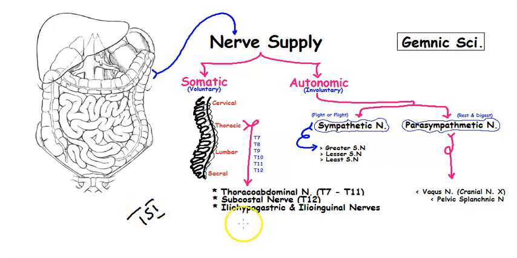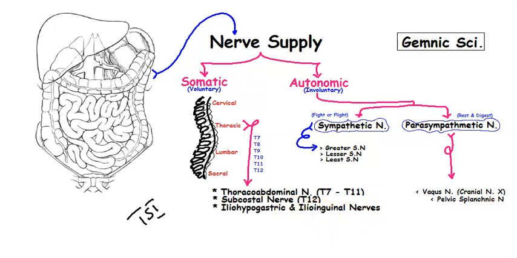The first one is the thoraco-abdominal nerve, which starts from the thoracic vertebrae T7 to T11. And here we have the subcostal nerve, which starts from T12. And last but not the least, the I, which is the iliohypogastric and ilioinguinal nerve.